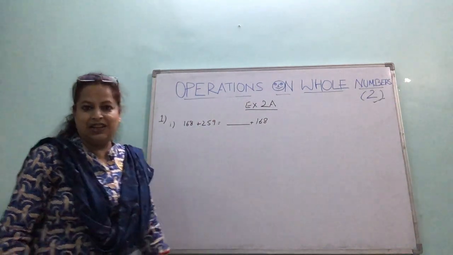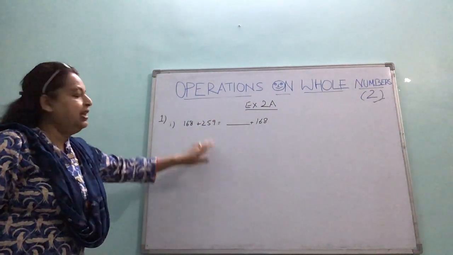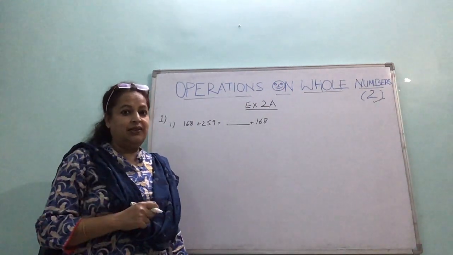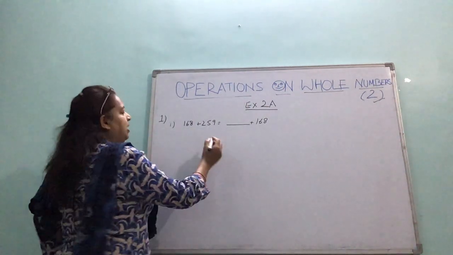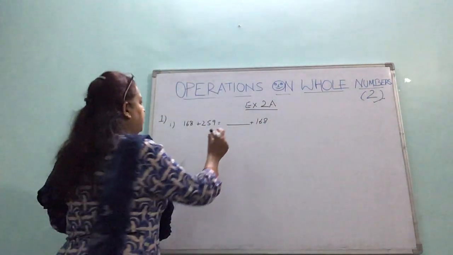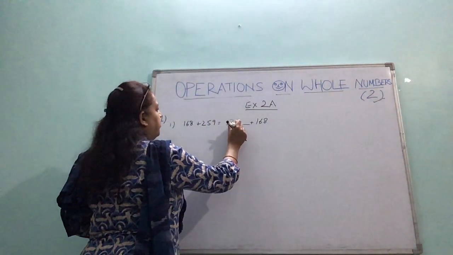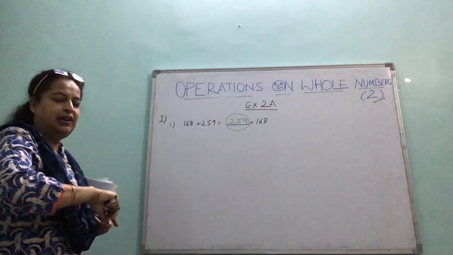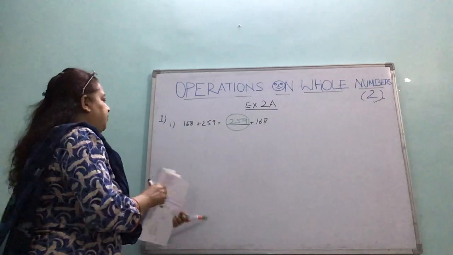Order in addition is changed, and we know if the order in addition changes, the result remains the same. Which property is that, children? Commutative property. So what would be our answer here? 259. Alright. So let's go further.